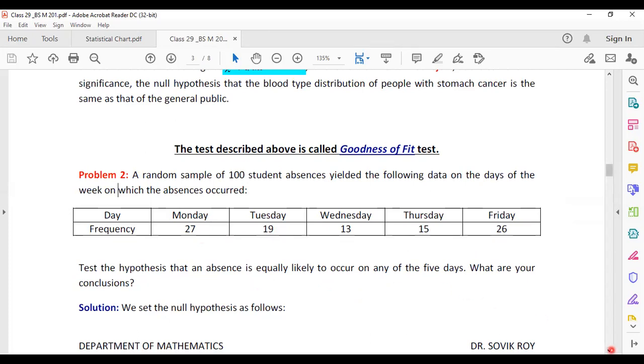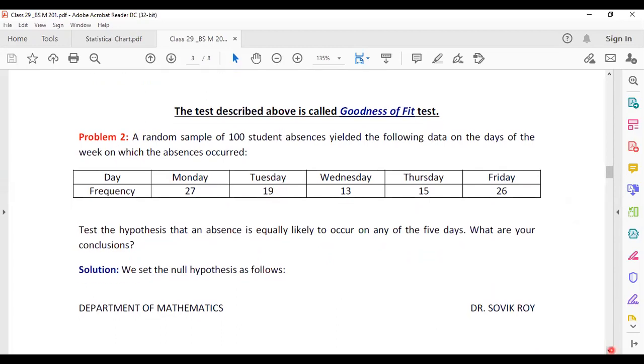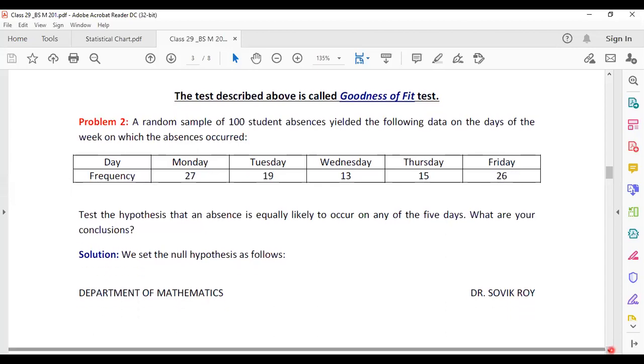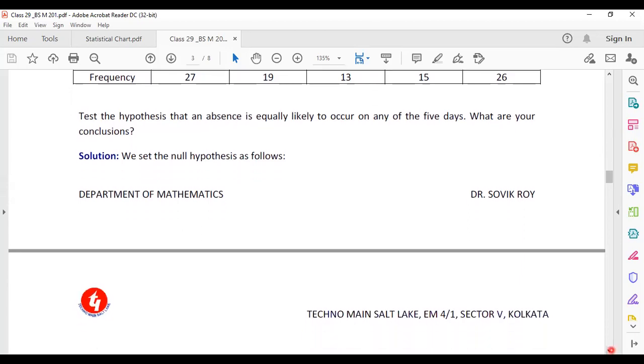Since observed frequencies are given, we want to find out the expected frequency, just as we did in the previous example, and test the goodness of fit using the chi-square statistic.